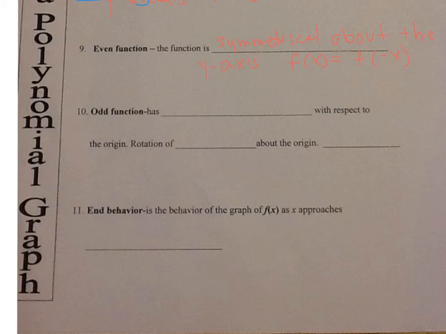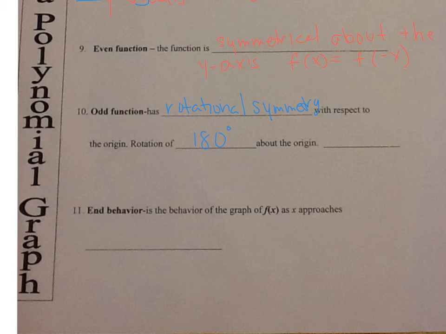All right, odd function has rotational symmetry with respect to the origin. Rotation of 180 degrees about the origin. So you remember back in geometry, rotational symmetry, 180 degrees is when you turned your paper upside down.